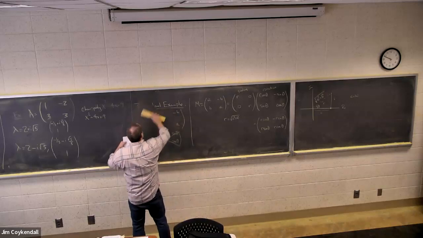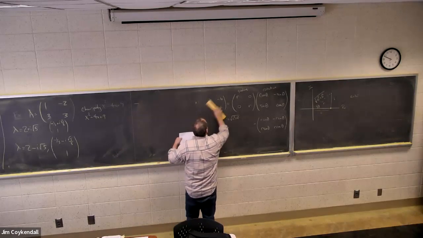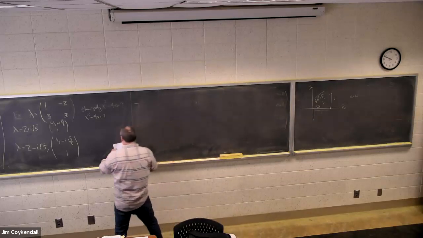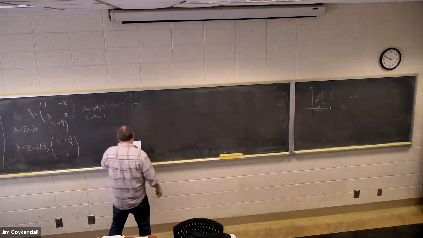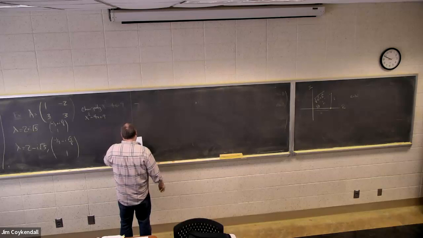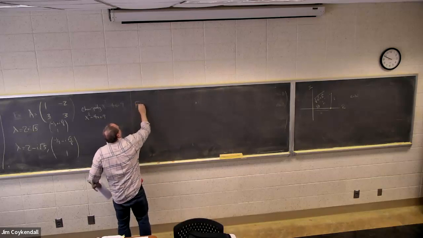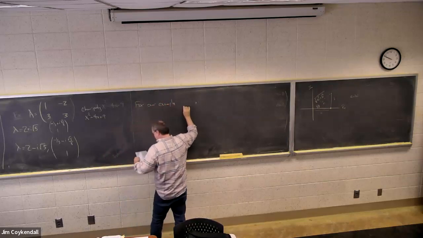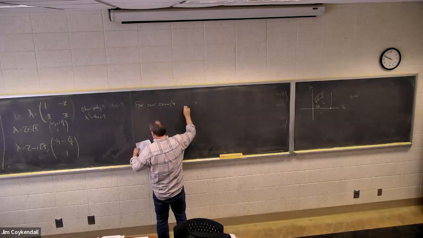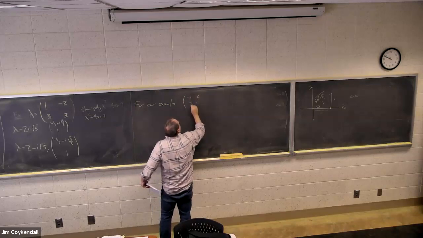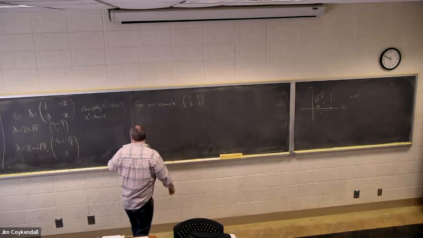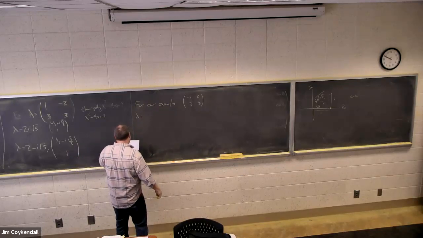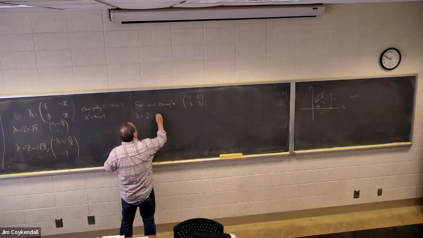So let me work this example that we have. I call this minus 1, 2, 3, 3. Let's take lambda. I want to take the eigenvalue 2 minus i.